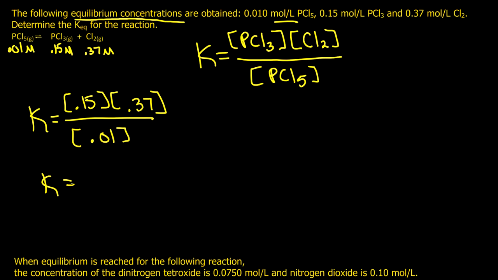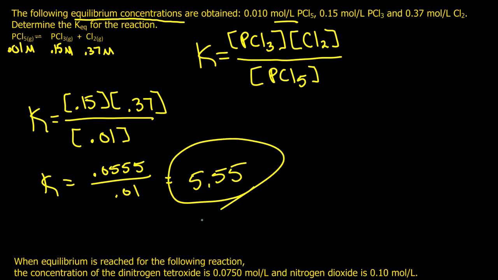So 0.15 times 0.37 gives me 0.0555 over 0.01. So 0.0555 divided by 0.01 gives us 5.55. My value for K does not have a unit. It's just a number.